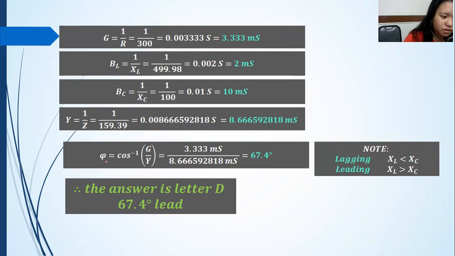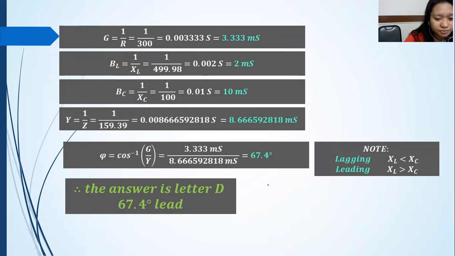To get our phi, we have here arc cosine of G over Y, then substitute. Our G is 3.33 ms and our Y is 8.66592818 ms. Then computing it using the calculator, we have the answer of 67.4 degrees for the phi.